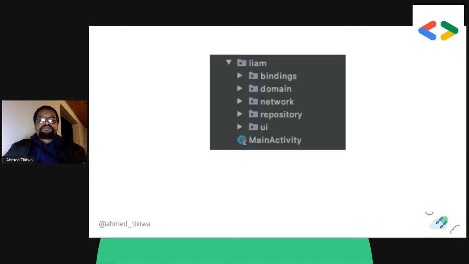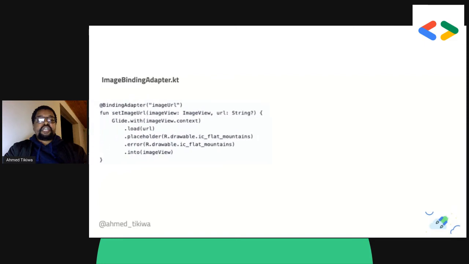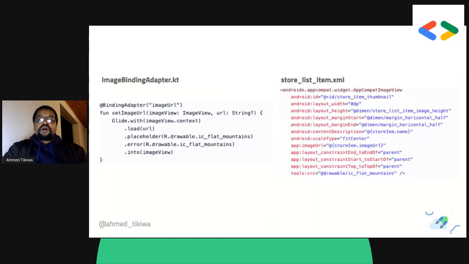So in my case, I've got bindings. Within these bindings, I have my image binding adapter. These are the data binding definitions that will be stored within the bindings directory. An example of my image binding adapter, which I showed you earlier, is this one where I'm setting the image URL. And then in my view, this is how I would call it.